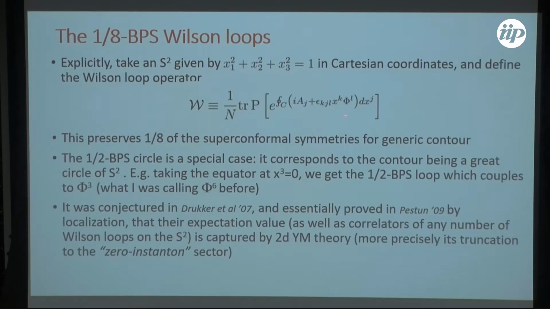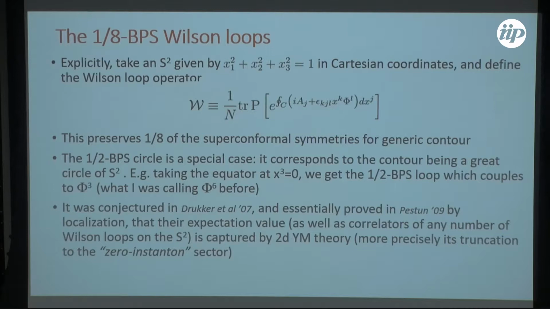Okay? And it's not obvious from what I wrote down here that this is supersymmetric, but you can prove that it's supersymmetric for arbitrary contour, and it preserves 1/8 of the supersymmetry. The half BPS circular one is contained in this general family as a special case. If you just take the equator of the S2, then this reduces to the half BPS circular Wilson loop, which couples to a single scalar.